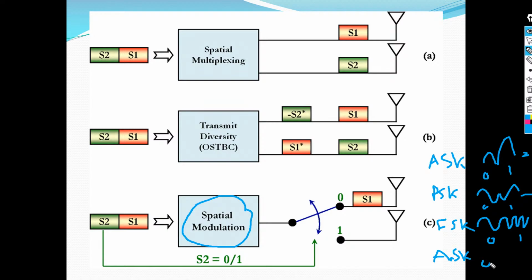If 0 comes, activate the first antenna. If 1 comes, activate the second antenna. So this is how it works. Based on the incoming data in your stream, you activate the antennas, and once you activate a certain antenna, you send the symbol from that antenna.